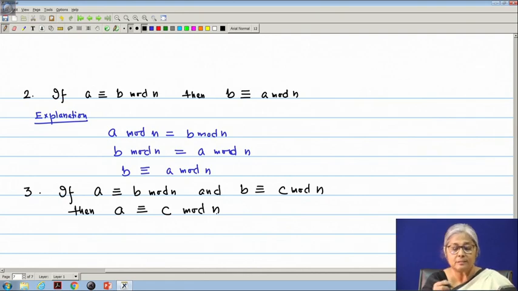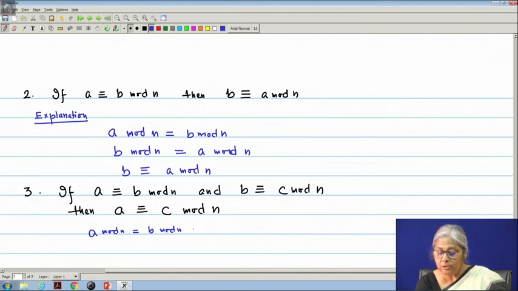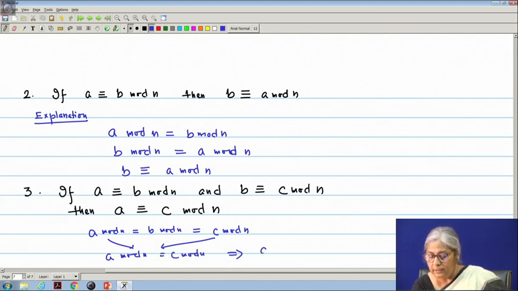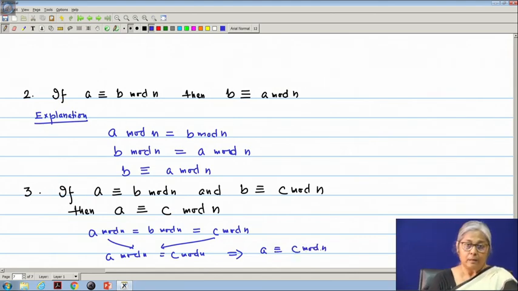Again this explanation is very simple, because a is congruent to b mod n means a mod n equal to b mod n, and b is congruent to c mod n is b mod n equal to c mod n. So, I can write a mod n equal to c mod n, which implies a is congruent to c mod n.